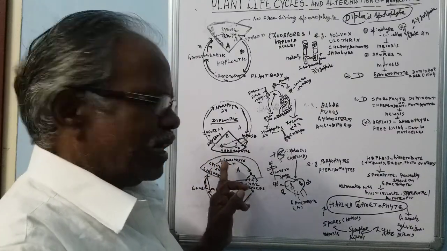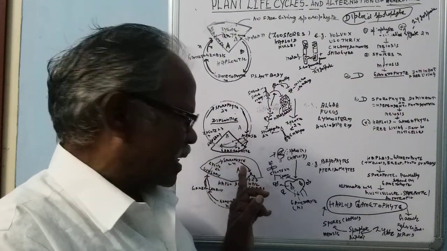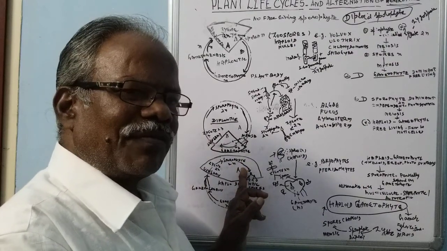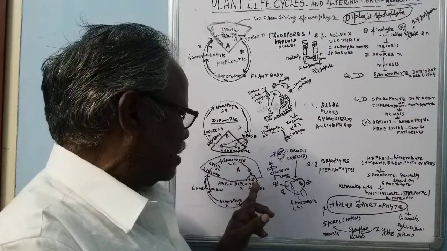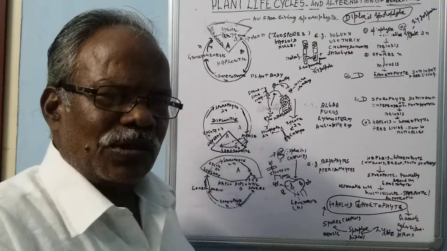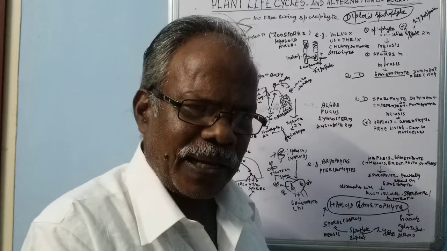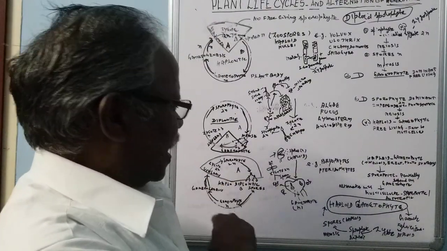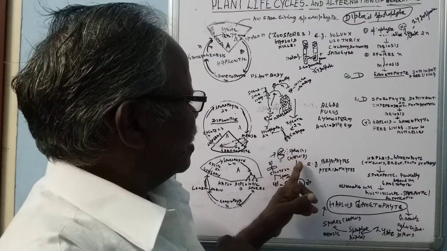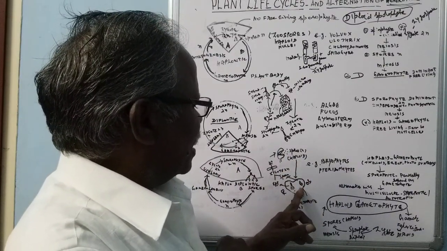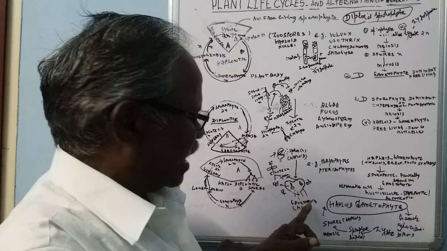From that the sporophyte plant is developed, that is 2N diplantic, and then by the process of meiosis the spores are formed. Those spores develop into the gametophytic plant. So the gametophytic plant is haploid, and the sporophytic plant is diploid.